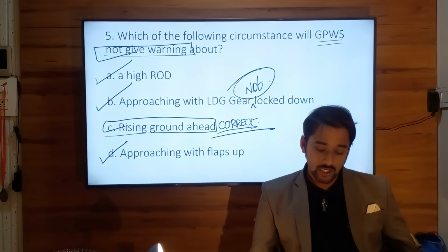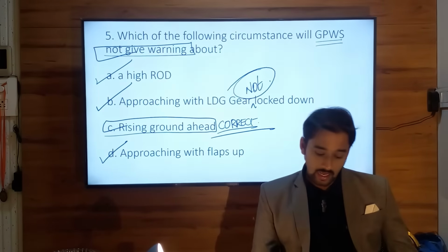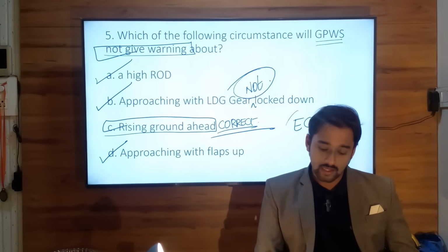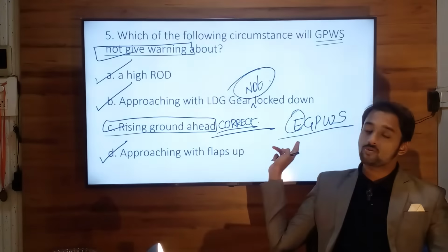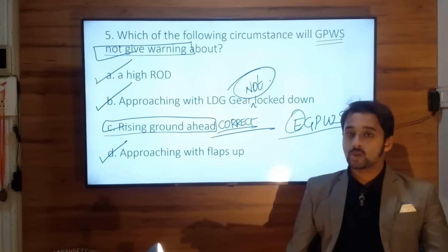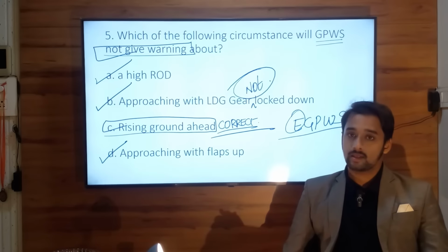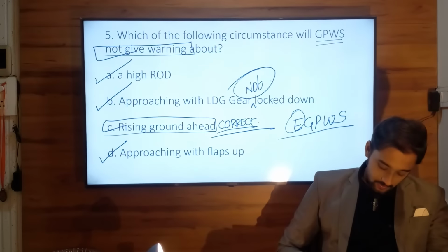The system that gives you an indication or message of any rising ground ahead is the enhanced ground proximity warning system. Enhanced. That is a technological development or an advanced version of GPWS, in which you also get a display on your screen of any rising terrain, the terrain increasing in height in front of you.